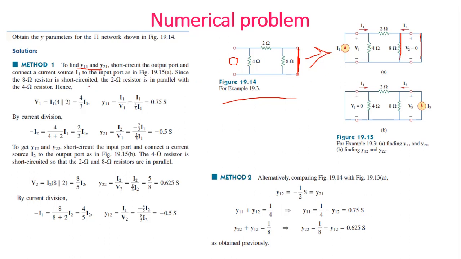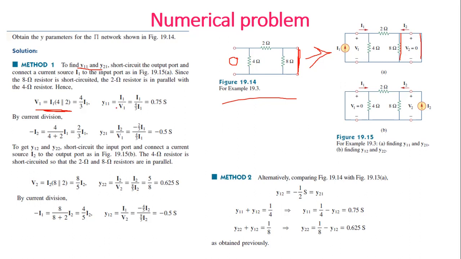So here V1 can be written with the 4 ohm and 2 ohm in parallel. V1 is equal to I1 into the equivalent of the resistances available.